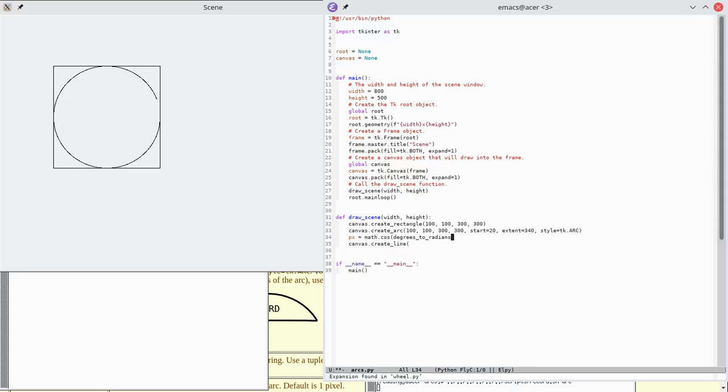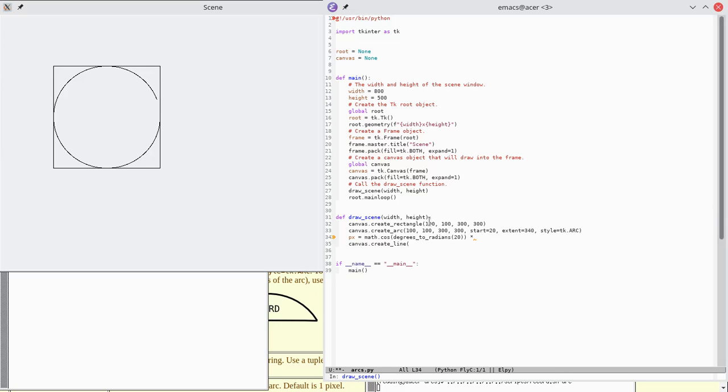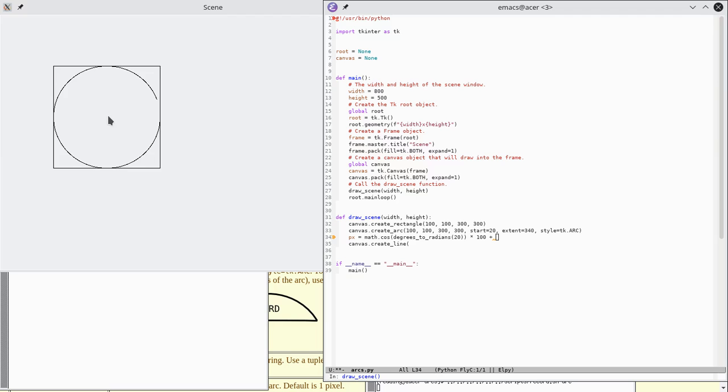Degrees to radians, 20, times the radius of that circle, which is half the distance across this square. So it's 200 wide, so the radius is 100, plus the center x right there, which is 200, 200, right?